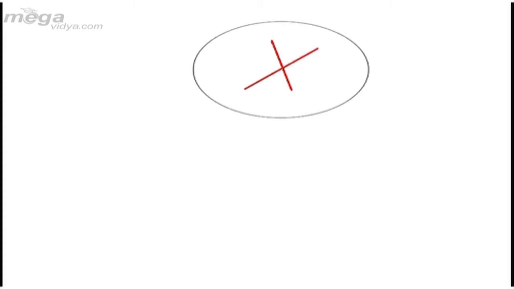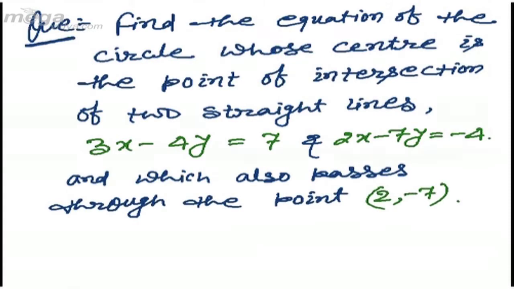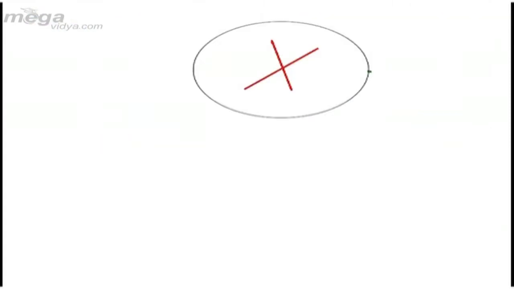These two lines are given, and this circle is also passing through this point, and this point is given as (2, minus 7).